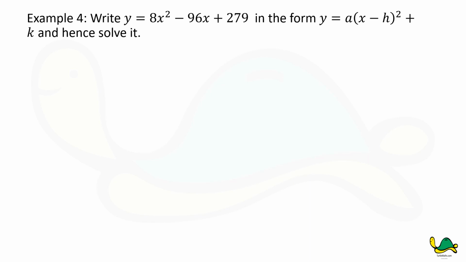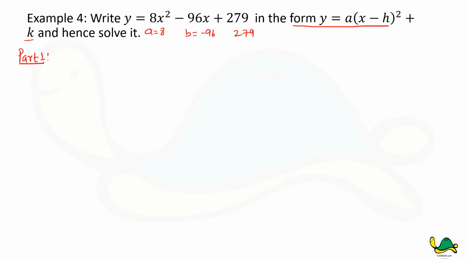This is probably one of the more challenging problems that you will get. So let's start. There would be two parts for this question. Part 1 would be that we will first try to write it in this form, and then we will solve it. So step 1, you can see your a is 8, your b is negative 96, and your c is 279.